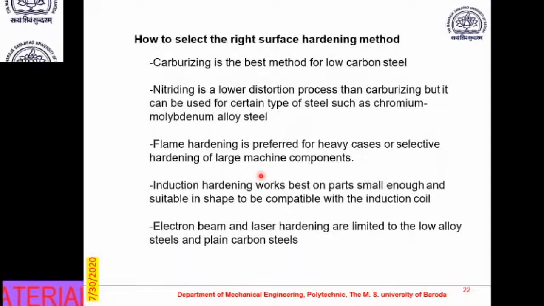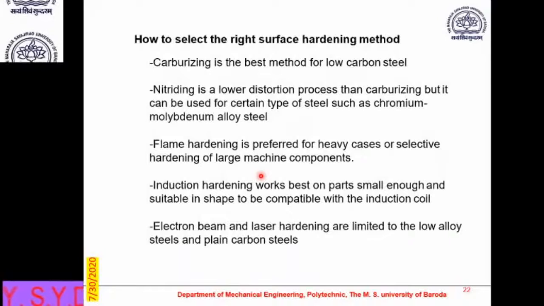Flame hardening is preferred for heavy cases or selective hardening of large machine components. Induction hardening works best on small parts, small enough and suitable in space to be compatible with the induction coil.